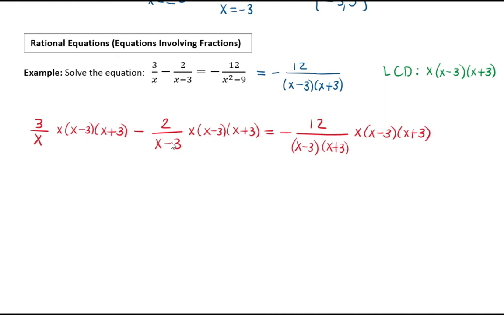So we multiplied each one by the LCD, and now we do the cancellations.